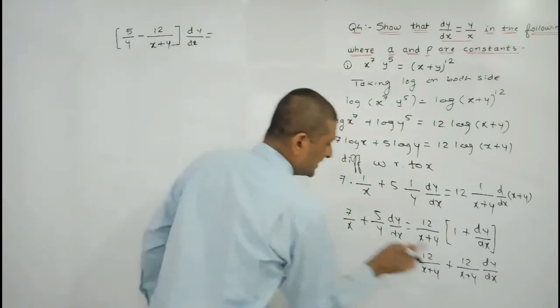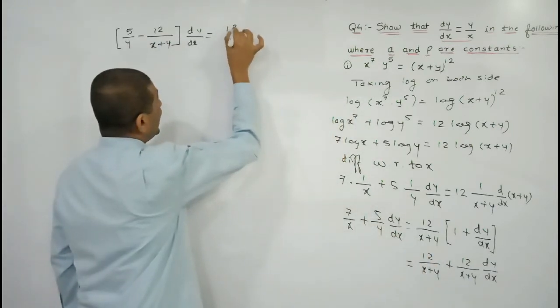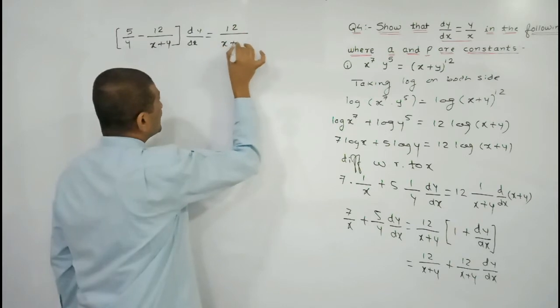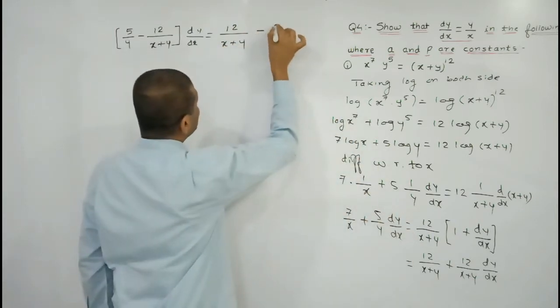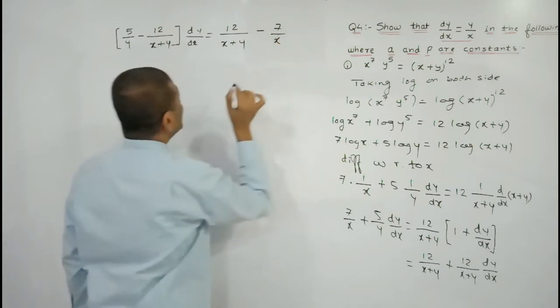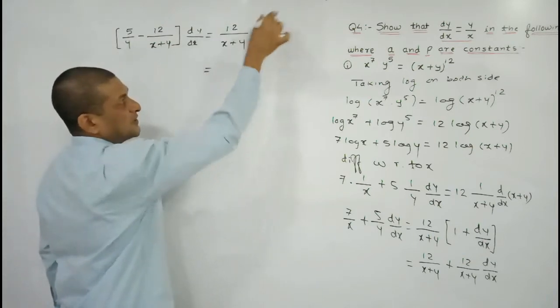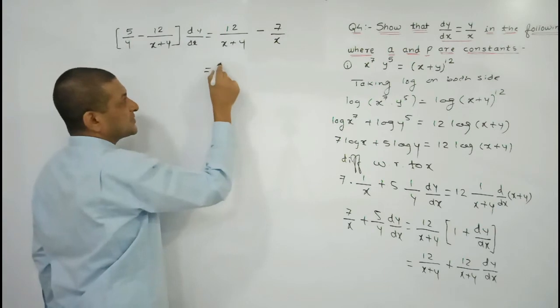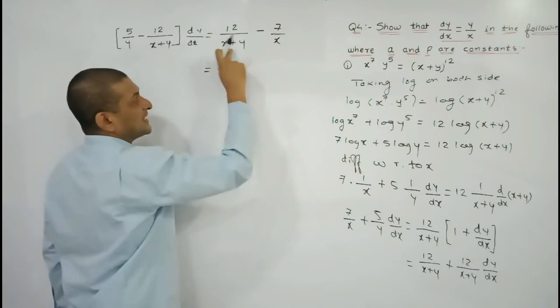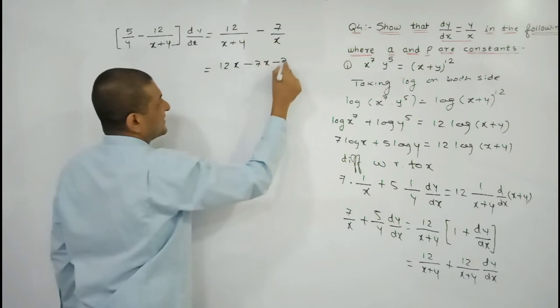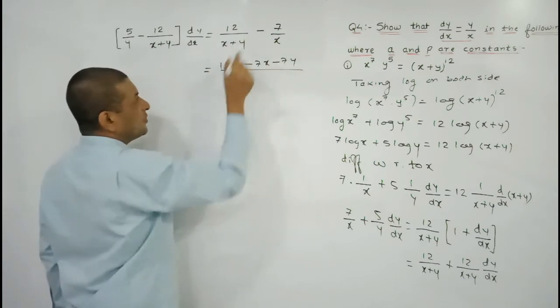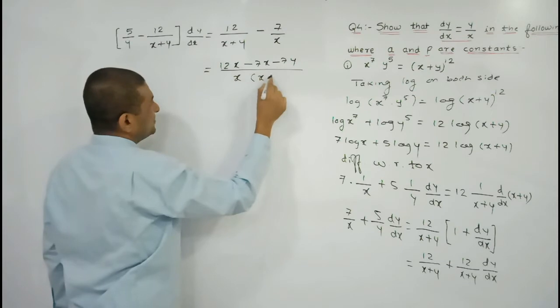So on the right hand side, keep 12 upon x plus y as it is, 12 upon x plus y, and this plus term on this side will become minus, meaning minus 7 upon x. So which is equal to, now take the cross multiplication, 12 into x will be 12x and x plus y into minus 7 is minus 7x minus 7y, divided by, in the denominator what will we get? x into x plus y.